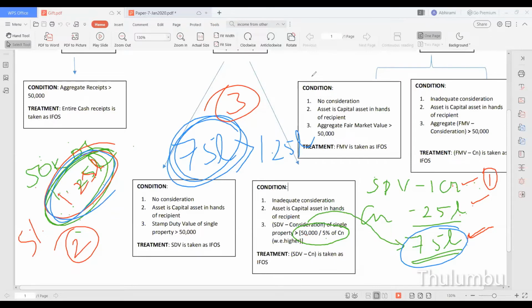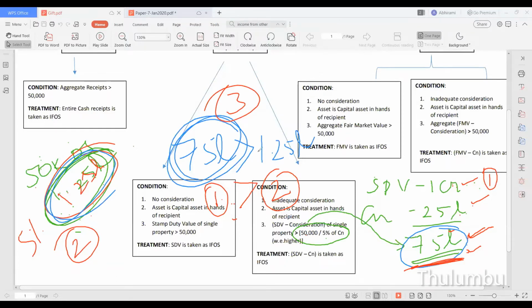Then check whether the first amount, the 75 lakhs, value number 1, is greater than value number 2. If it is greater, then the value number 1 will be taxable as income from other sources.